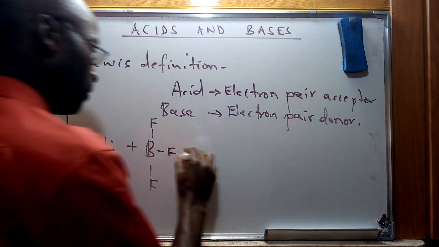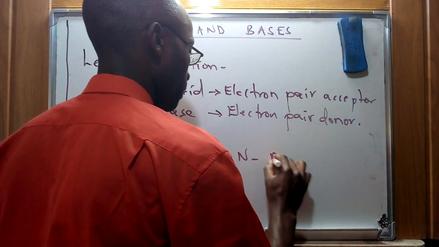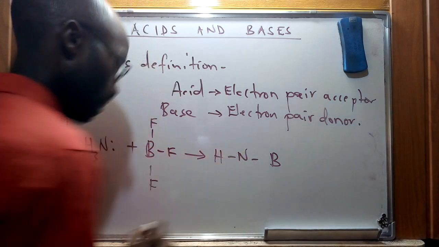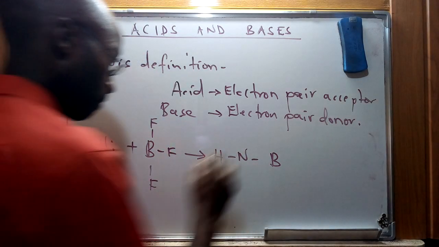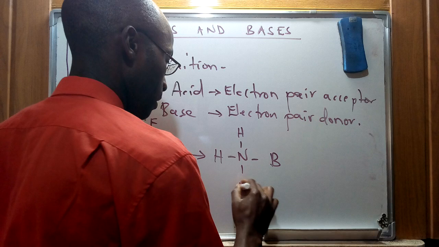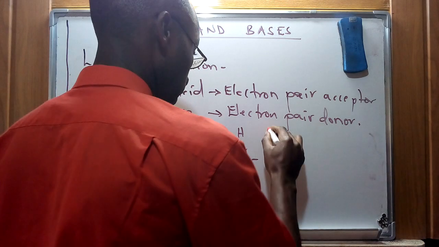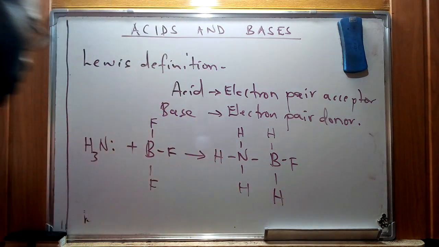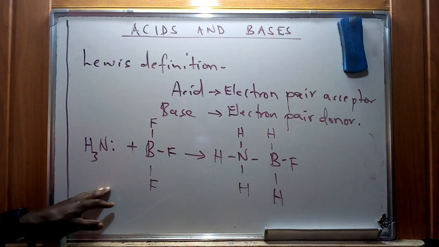So we're going to have this substance represented as NH3 together with this particular case for BF3, with H, H, H, and F, F, F. Let's try to look at that specific reaction.